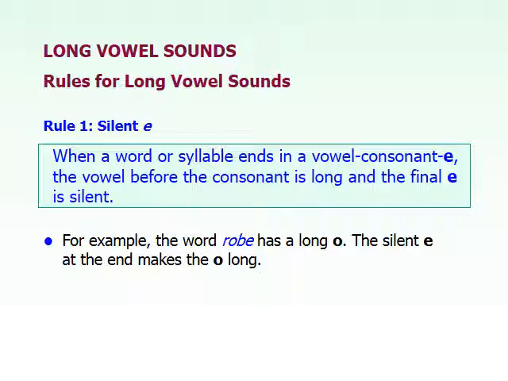An example of that would be the word robe. We have the letter O, which is our vowel, then the consonant B, and then an E that's not said. The E makes the O say its name, or makes it long, so it becomes robe.